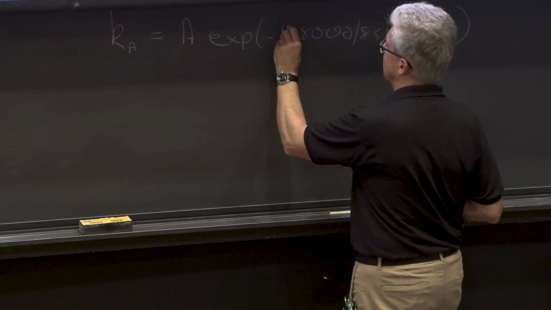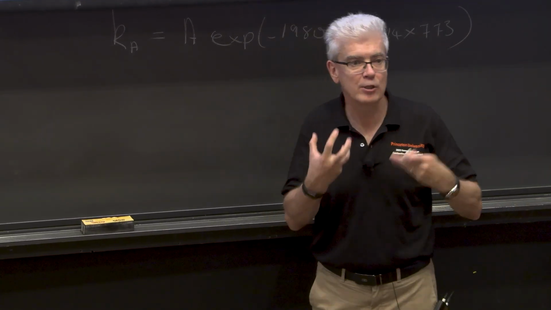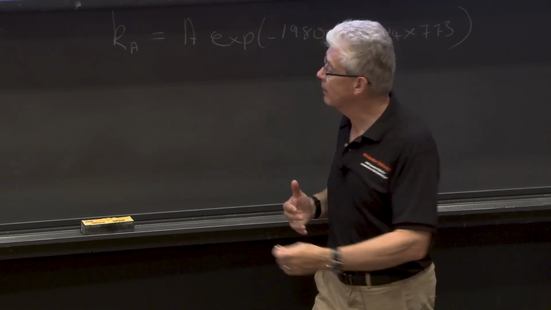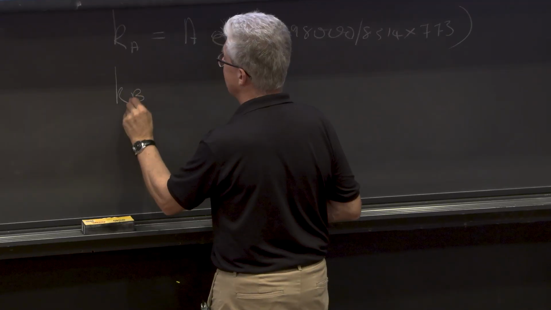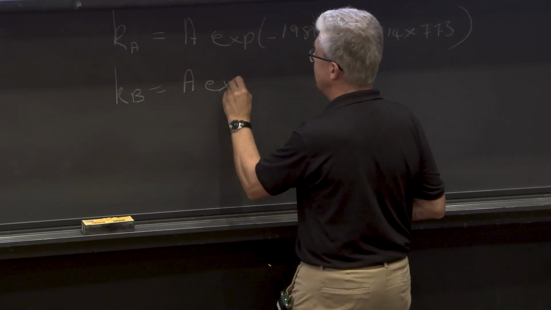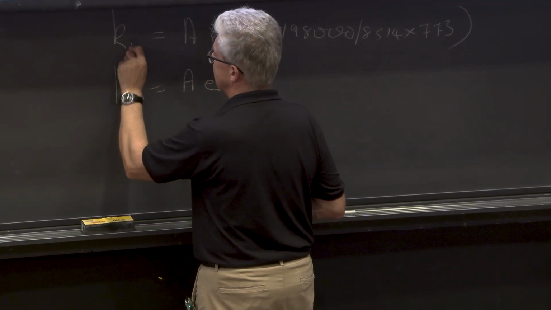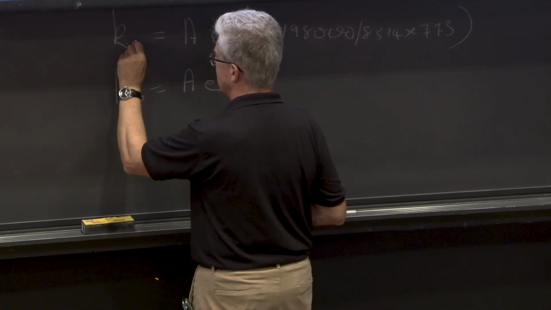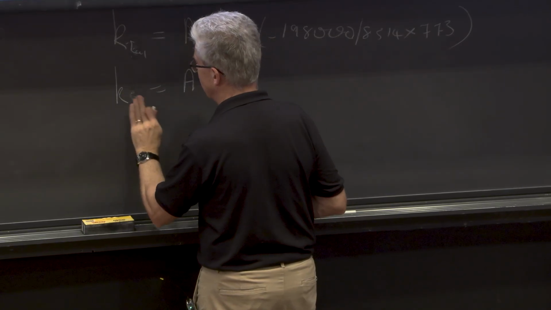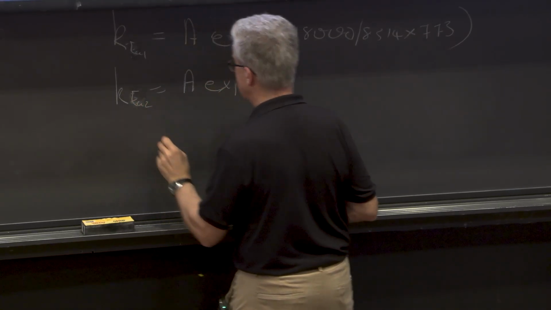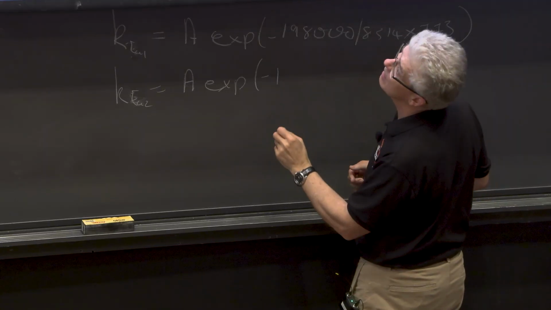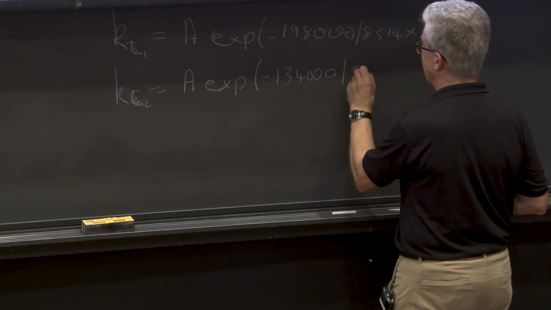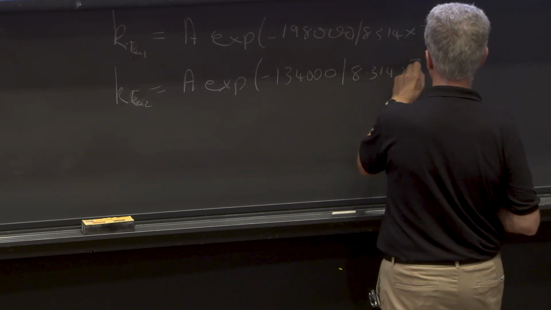And I'm doing this deliberately to kind of get you used to dealing with kinetics and rate constants and what they actually mean, okay? And then K2 is equal to A exp, well, sorry, I should say this is T, I would say EA1, maybe, and this is EA2, okay? Minus 134,000 over 8.314 times 773.